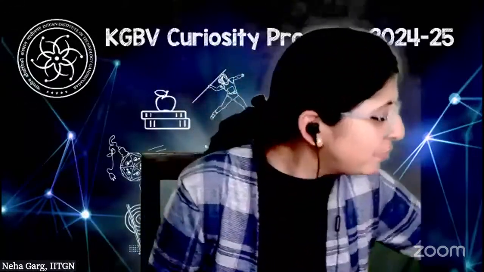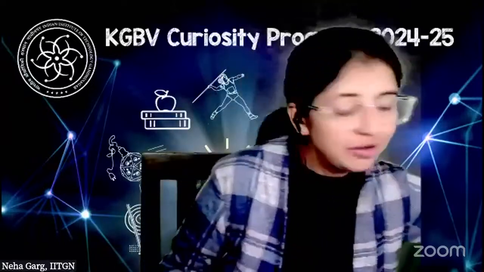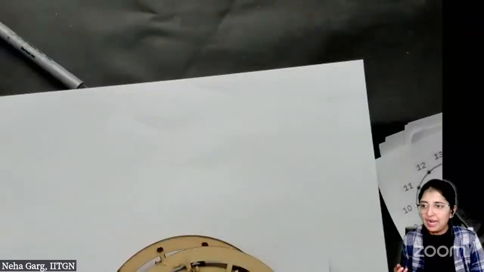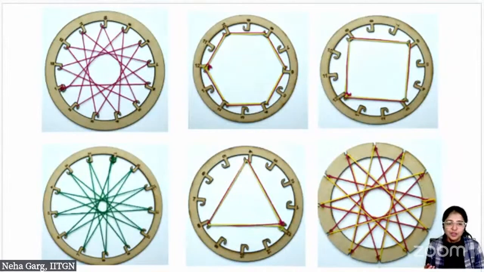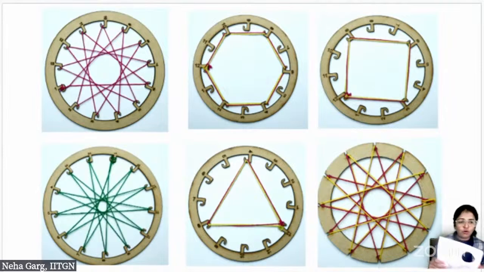But before we move on to these complex shapes that I just showed you, we are going to start with the very basic shapes. We are going to need a circle here. I hope everyone who is watching the session has the printouts with them. We had asked for printouts like this.